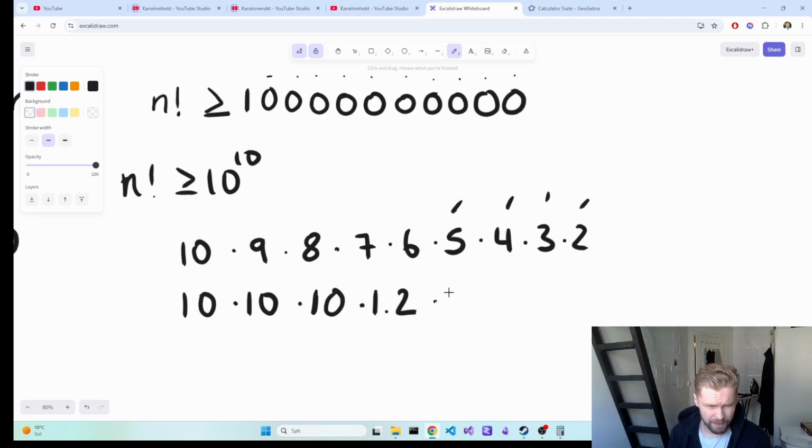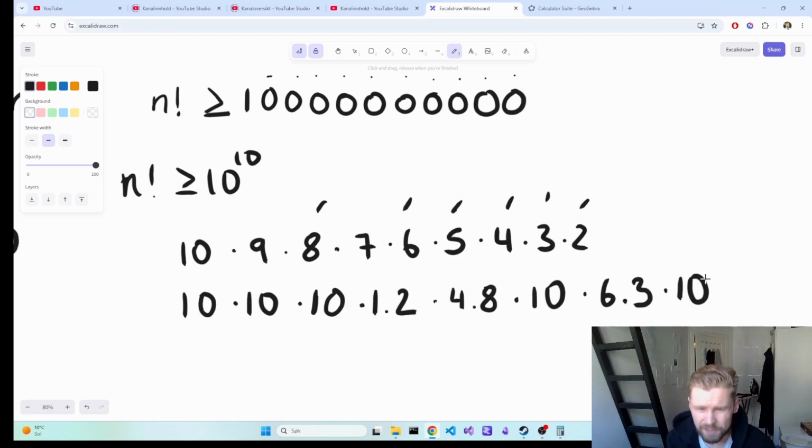So I'm just gonna times 4.8 times 10, right? Then I got 63 times 10 again. What I'm seeing here is that I have 1, 2, 3, 4, 5 tens, right? I'm missing some tens over here.